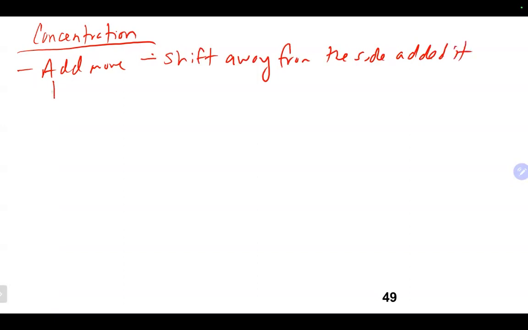When you add, the reaction will shift away from the side you added it to. So if you add more reactants, it will cause the reaction to shift to the right, away from the reactant side. If you add more products, it will cause it to shift to the left, away from the product side.